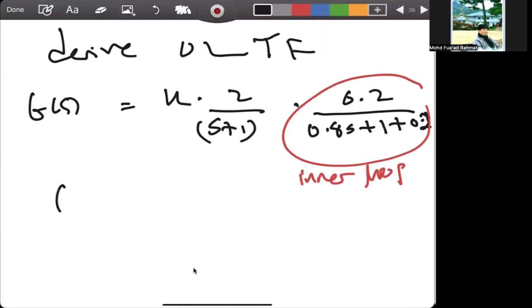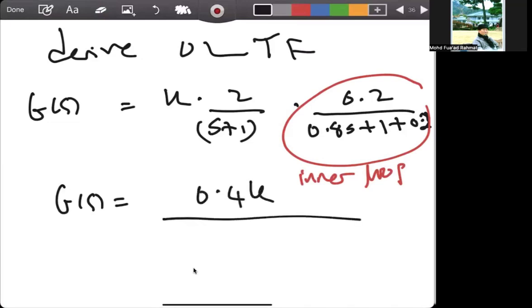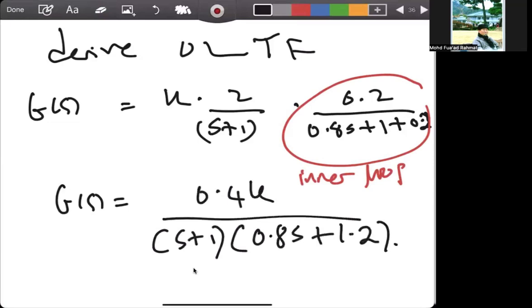So now GS will become 0.4k (s plus 1) over 0.8 s plus 1.2. Okay. So k is 9.5.